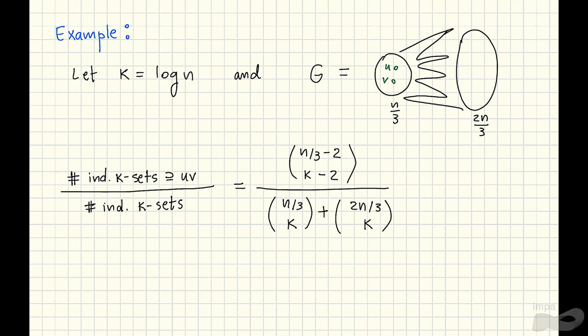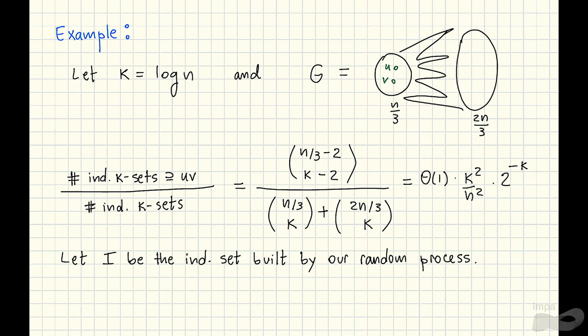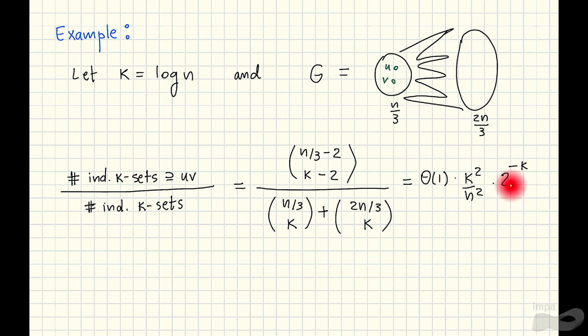Well, you count in the first blob, and you also count in the second blob, so you just sum these two things up. Because k is very large, this expression is dominated by the second binomial because of this 2. And then you essentially have this factor of 2 to the minus k coming from this 2 here, and then you have this k squared over n squared coming from the ratio between these two. OK?